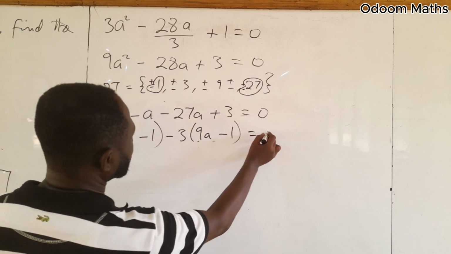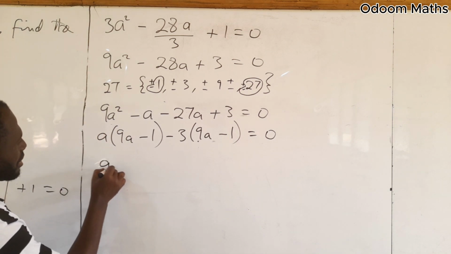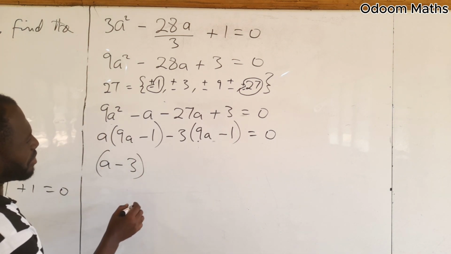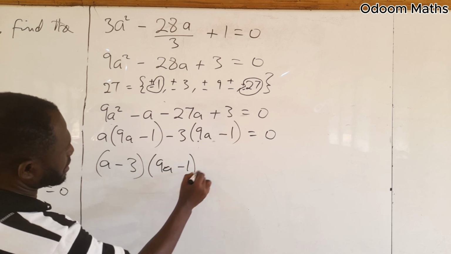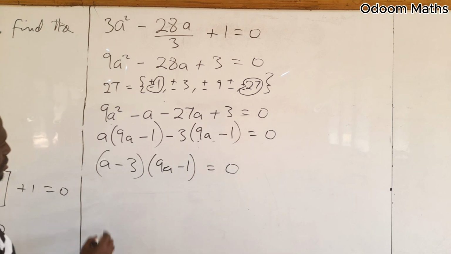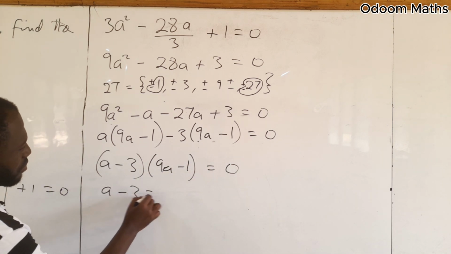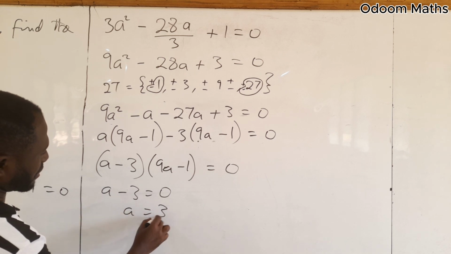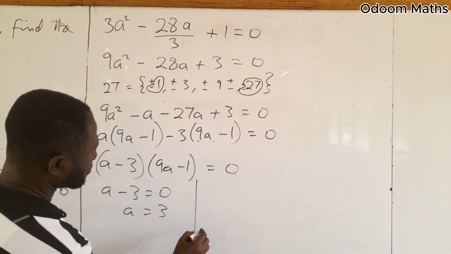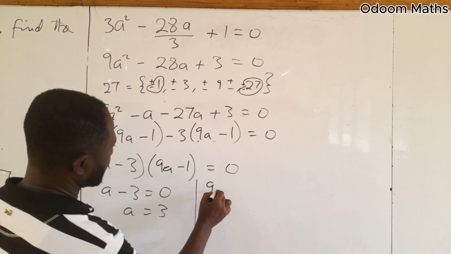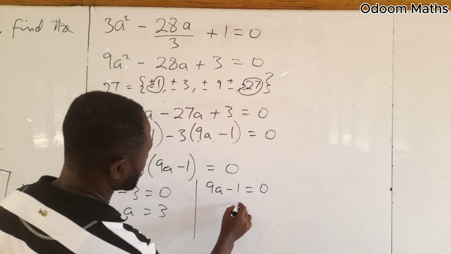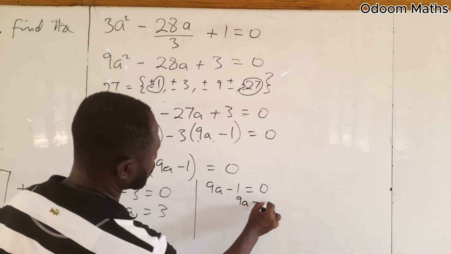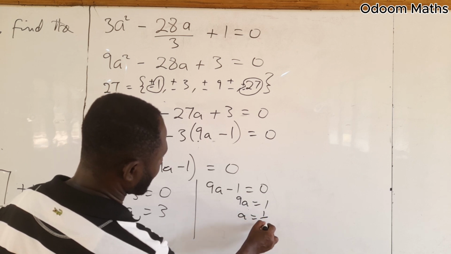That's equal to 0. So a minus 3 in one bracket, then 9a minus 1 in another bracket equals 0. So a minus 3 equals 0, a is equal to 3. Then 9a minus 1 equals 0, so 9a is equal to 1, and then a becomes 1 over 9.